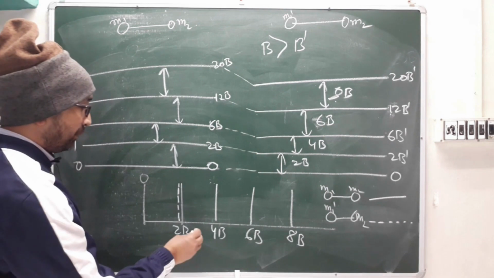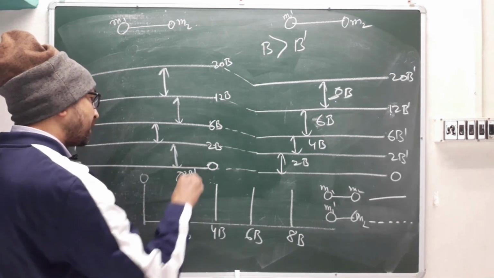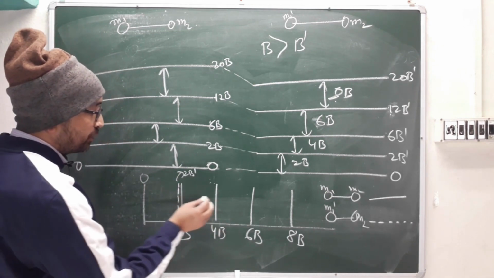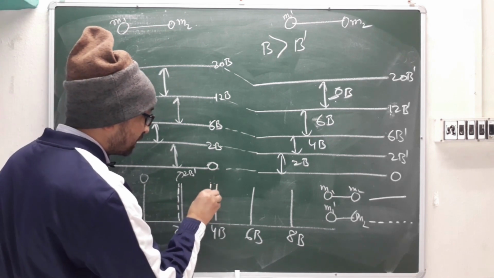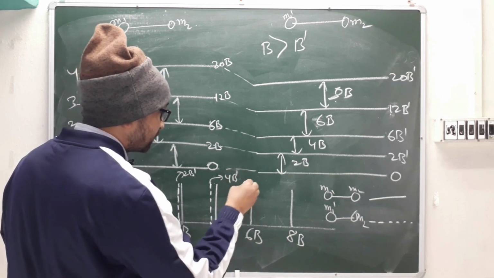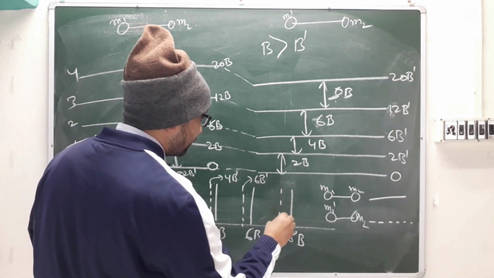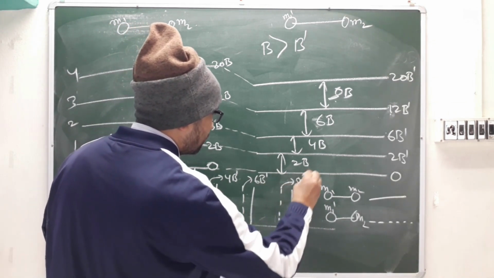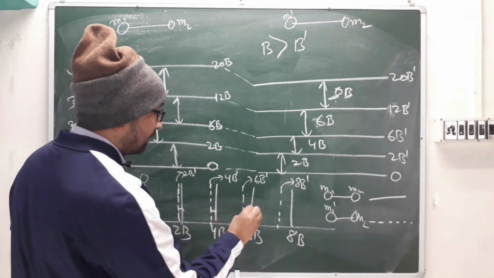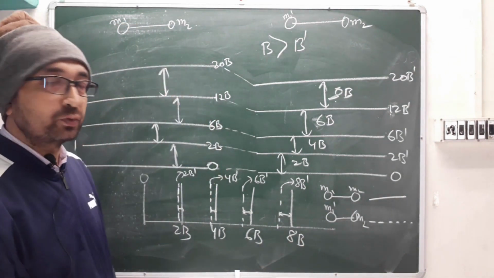So it will be 2B, and this dash line belongs to 2B prime, and then 4B, again see the difference here. 2B and 2B prime, you see the difference here, again you see the difference for 4B and 4B prime. Here you see the difference, 6B prime, here you see the difference, 8B prime. See, the difference is less, then it is increasing, again it is increasing, and it has increased. Likewise, slowly it is increasing.